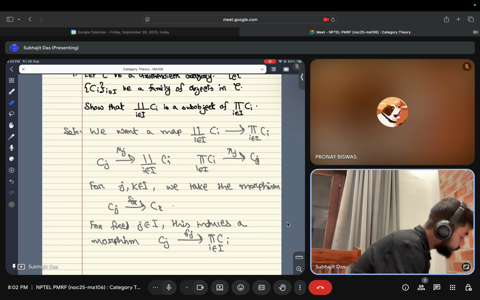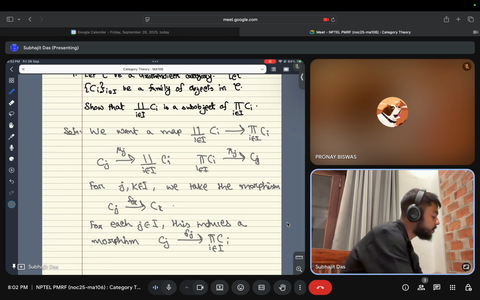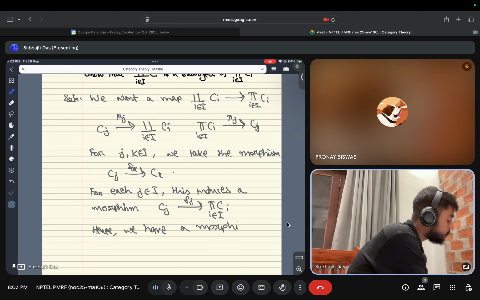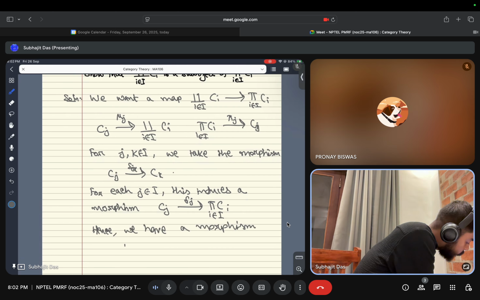For each fixed j in I, we have this. Hence we have a map. We know how we are getting these arrows. Hence we have a morphism, using the universal property now of the coproduct. Earlier we used the universal property of the product. We have a morphism from the coproduct of the Ci's, i in I, to the product of the Ci's, i in I.